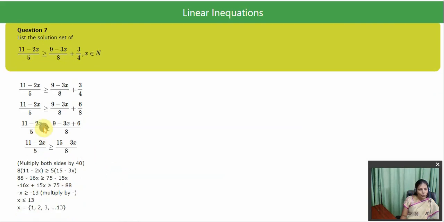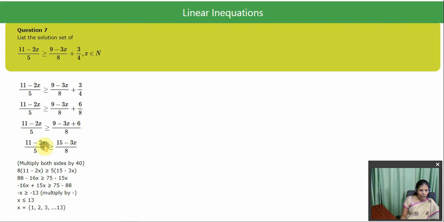Right. Now you have one fraction in the LHS and one fraction in the RHS. Now how can we clear the fractions? How can we remove the denominator on both sides? So what is a common multiple of both 5 and 8? It is 40. So multiply this fraction with 40 and multiply this fraction with 40.